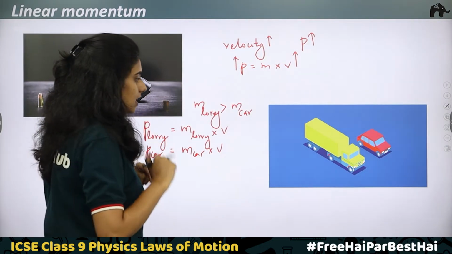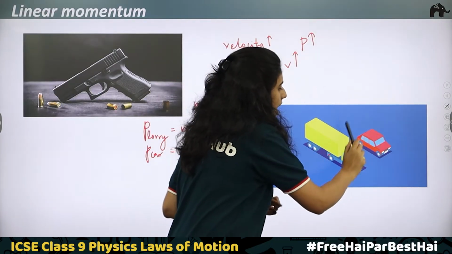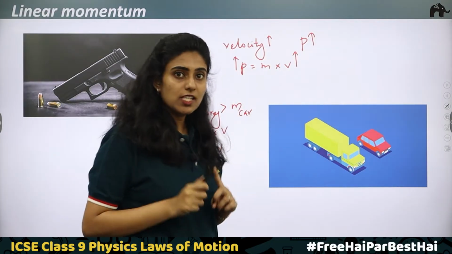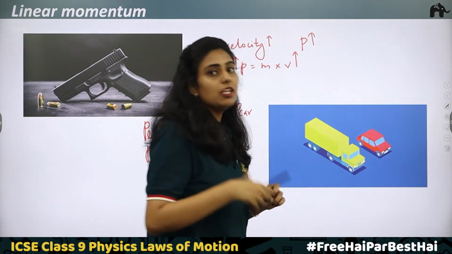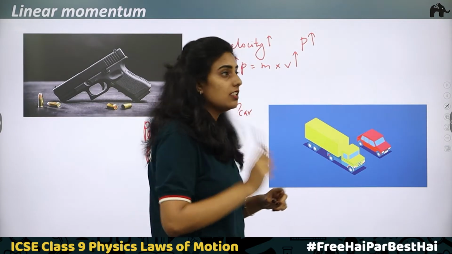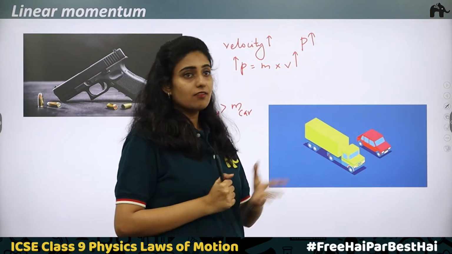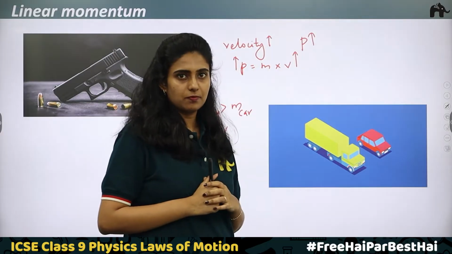So let's take a case. If a person gets hit by a car or a lorry, in which case will the accident be more severe? The accident will have a greater impact when it is with a lorry moving with the same velocity compared to a car. Why? Because mass is higher.